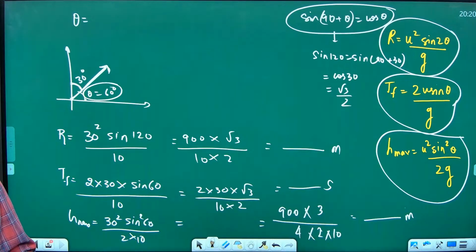I will repeat the question. Calculate the angle at which the projectile is fired. Give a try, make it fast.